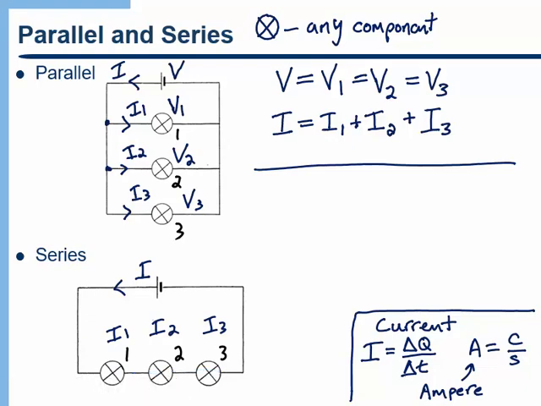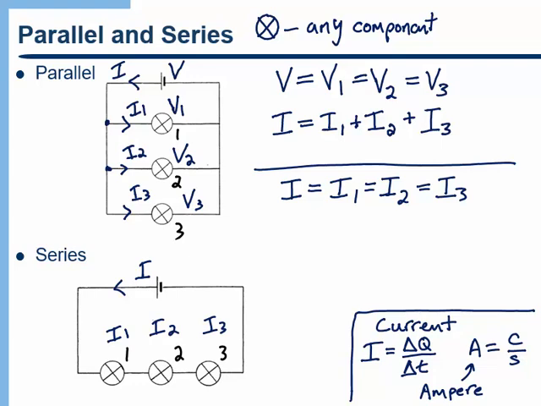So in a series circuit, you'll notice we get the opposite rules. In other words, the current that leaves the battery is the same as the current everywhere else in the circuit. And that's an important thing, that the current is the same everywhere in a series circuit.